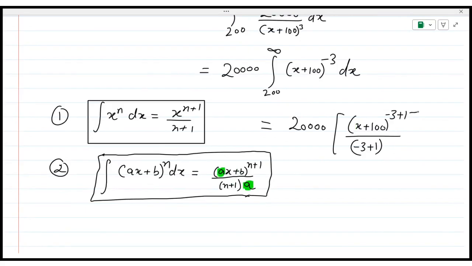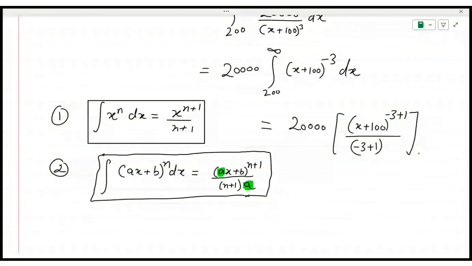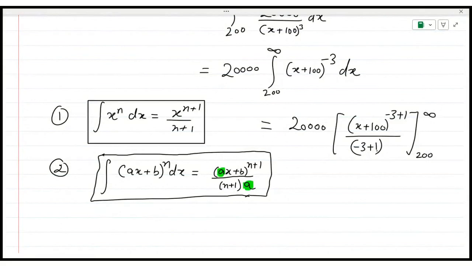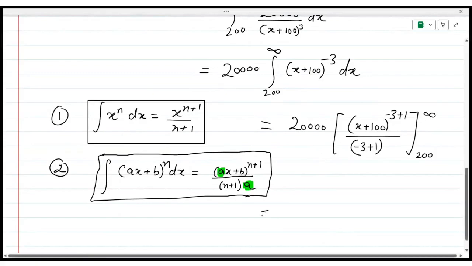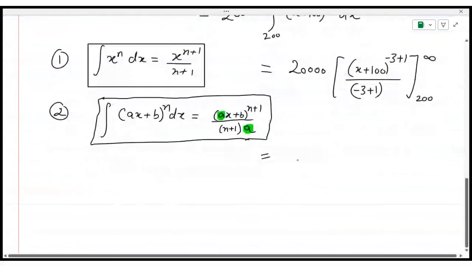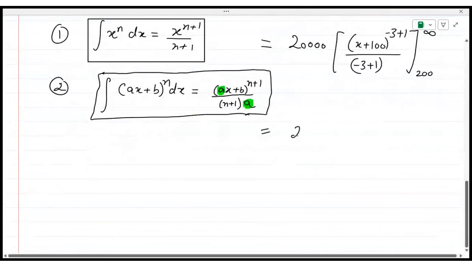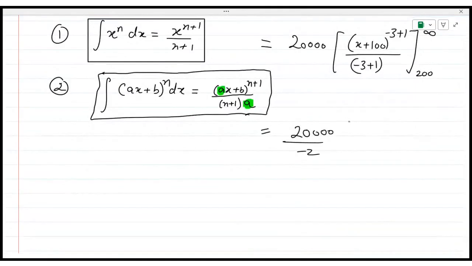Our limits are 200 to infinity. Okay, so minus 3 plus 1 is minus 2. Minus 2 you can take outside. So if you take this minus 2 outside, you will get 20,000 divided by minus 2, and this is (x plus 100) raised to power minus 2, which you can write as 1 upon (x plus 100) raised to power 2.